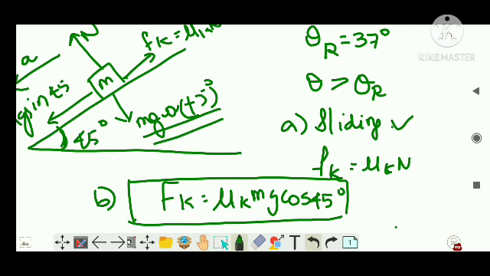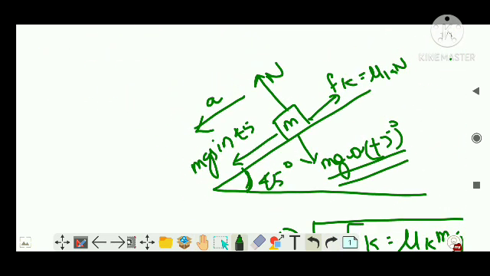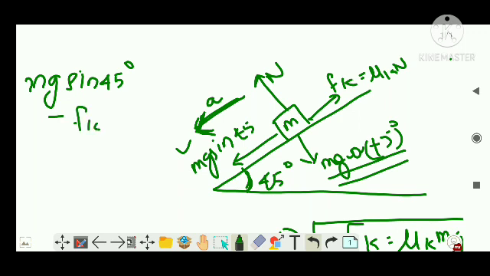Now the next question comes: what is the acceleration? How would you do it? Again, look into this diagram itself, guys. The object is moving in this direction, so this factor is higher. That is mg sin 45 degrees, positive, minus Fk, is equal to ma.